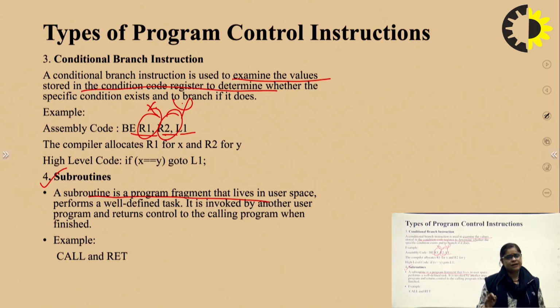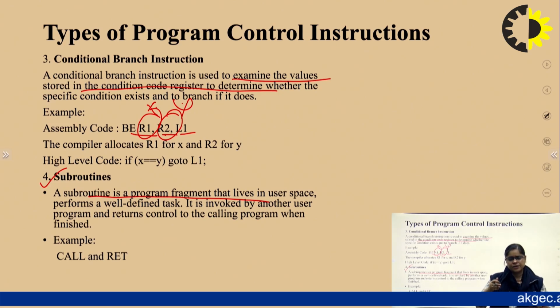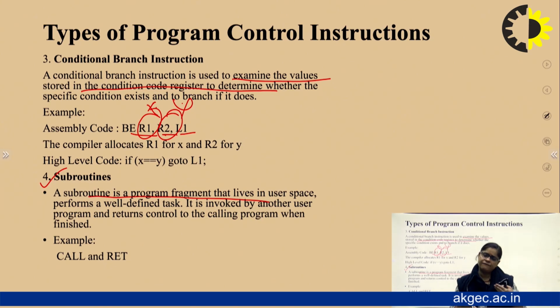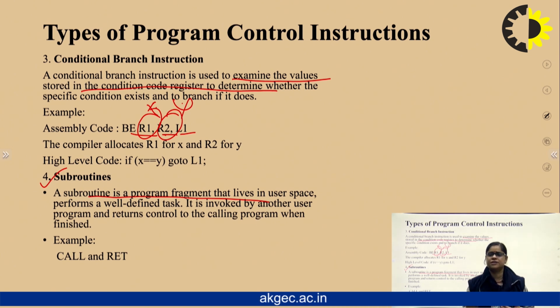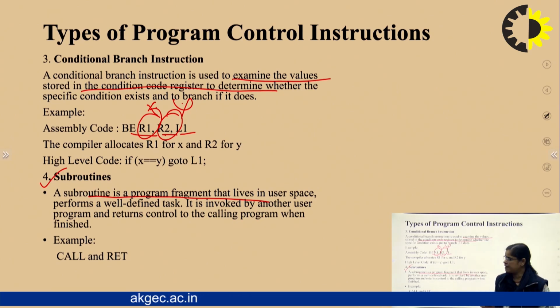It is mainly invoked by another user program, and it returns control to the calling program when it is finished. A subroutine is just a small task, like calling a function present inside that program.